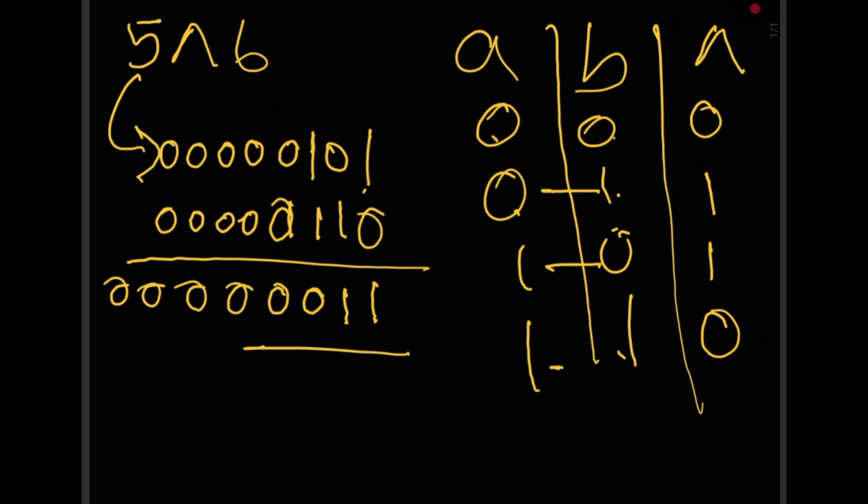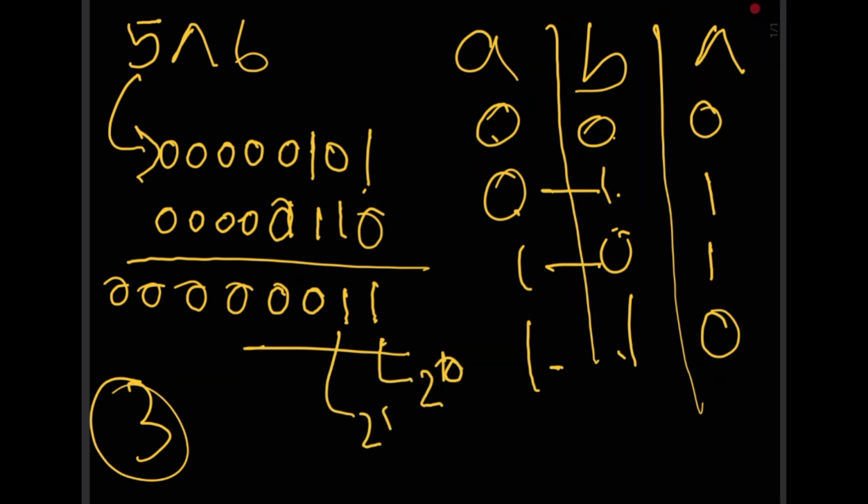So it is 3, because it is 2 raised to power 0, 2 raised to power 1, and this is 2 raised to power 2, so this is 1 and this is 2 and this is 4. So 1 into 1 will be 1, 2 into 1 is 2, and this into 0 will be 0, so 2 plus 1 is 3. So this is how XOR works, very simple. So this is all about the bitwise operators.